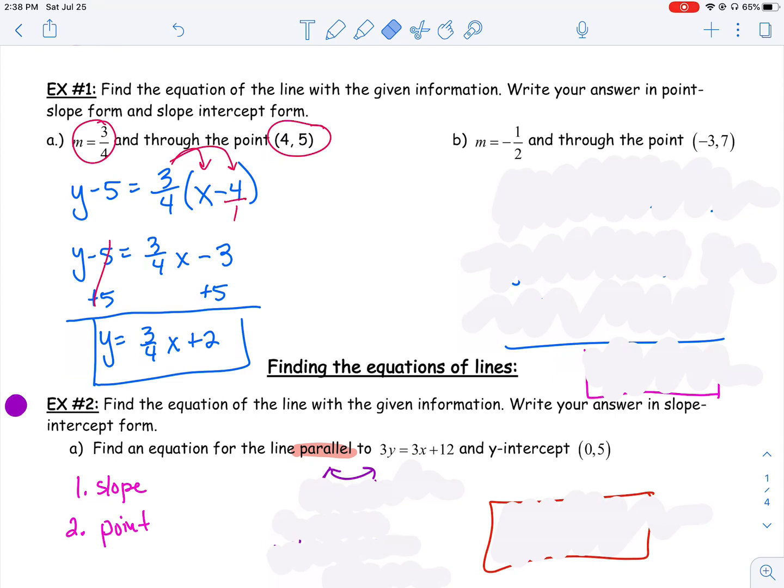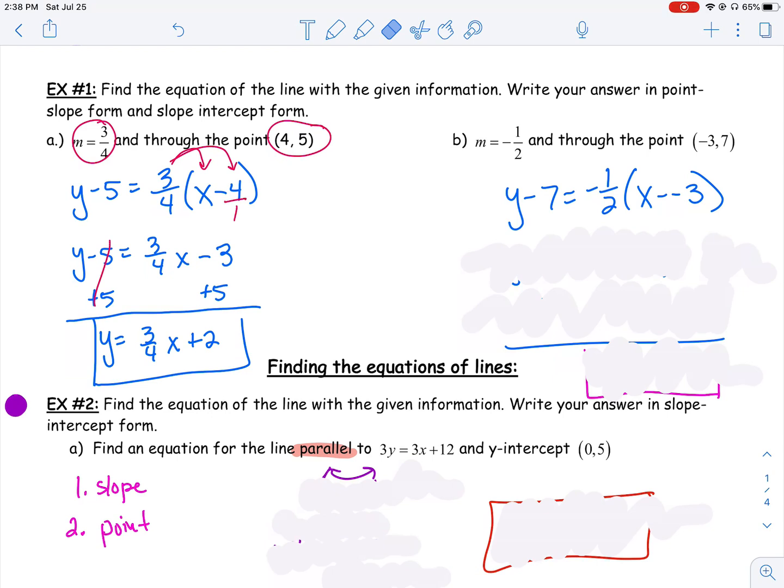Let's do another one. If you look at B, it tells us that the slope is -1/2 and the line goes through the point -3, 7. I have a slope, I have a point. I should be able to plug those into my point slope form and find the equation of this line. Let's do it. Point slope form says y minus y1, so I have y minus 7, equals m, -1/2, times x minus x1.